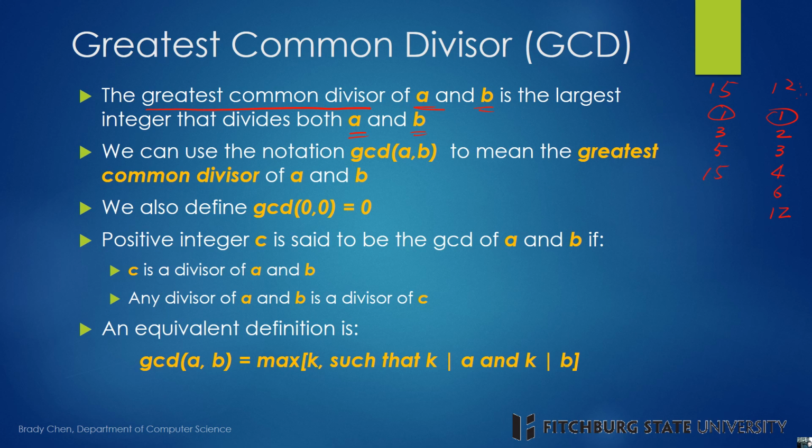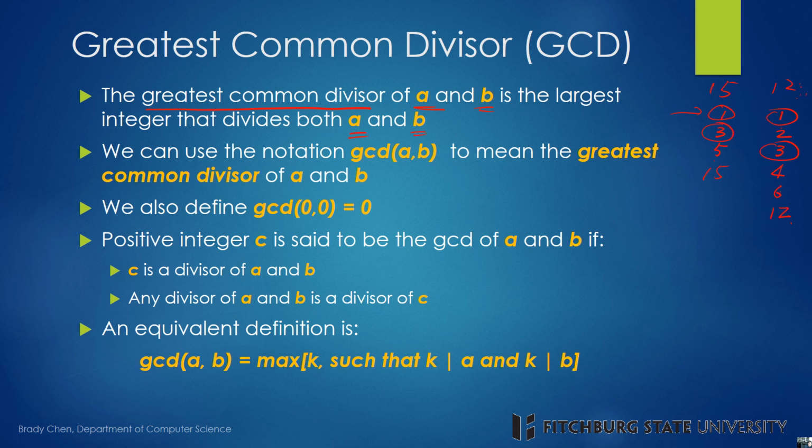In this case, we first find the common divisors, and second, the largest common divisor, the greatest common divisor. 1 is a common divisor, no question about this. 3 is a common divisor. 5 is a divisor of 15, but not 12.